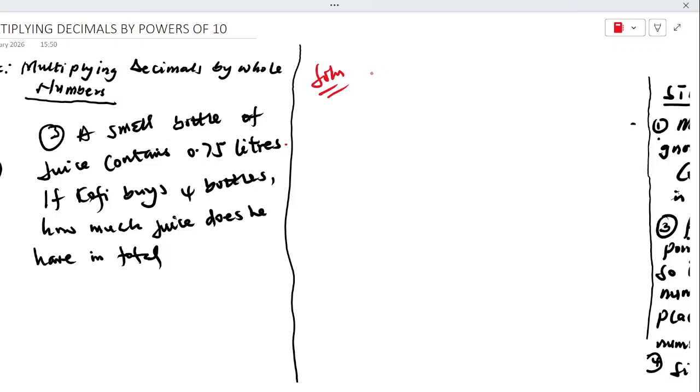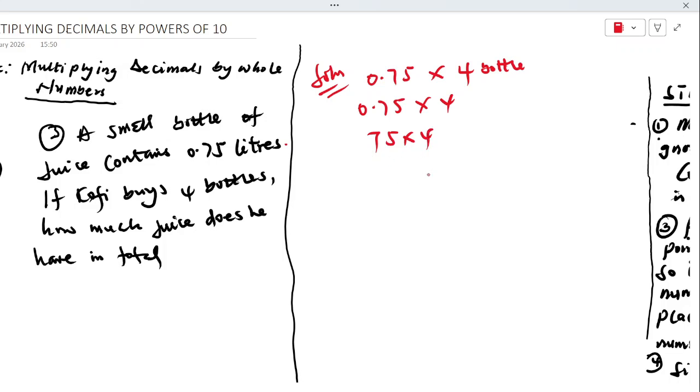So in arriving at the total juice that he has, you have to multiply 0.75 by the total bottles, which is 4 bottles. So we have 0.75 times 4. As the steps we looked at earlier stated, you first ignore the decimal point. Hence, you'll be having 75 by 4.